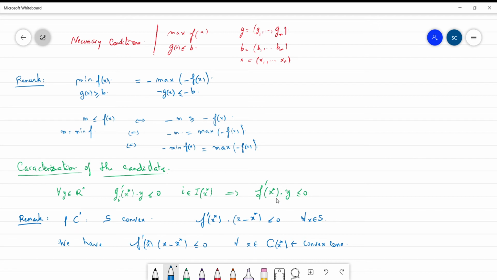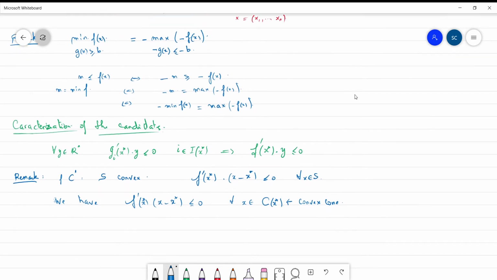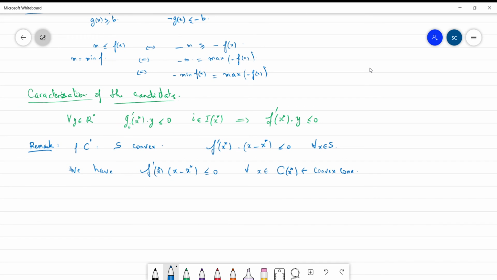So we will do that as follows. Let's introduce some notations.